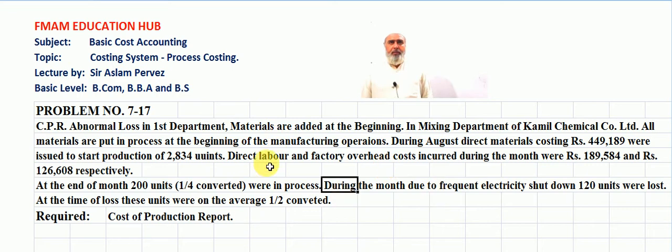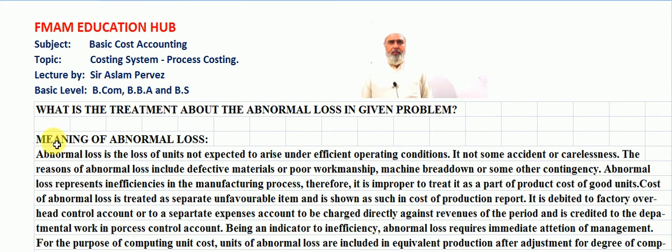Now friends, before we solve this problem, we have to discuss abnormal loss first. For this purpose, we move to another slide on abnormal loss. What is the treatment of abnormal loss in the given problem? Abnormal loss is the loss of units not expected to arise under efficient operating conditions.